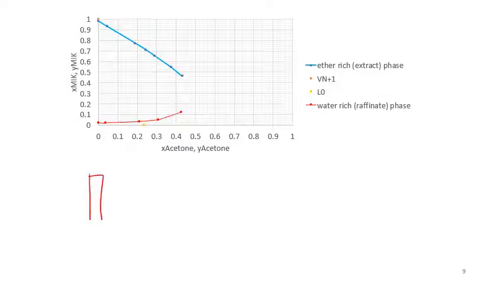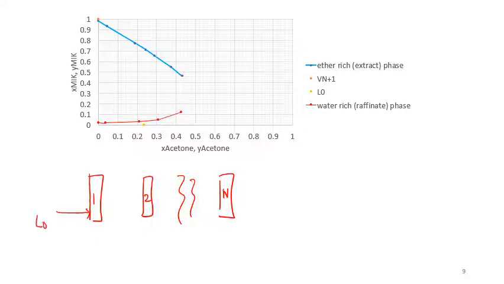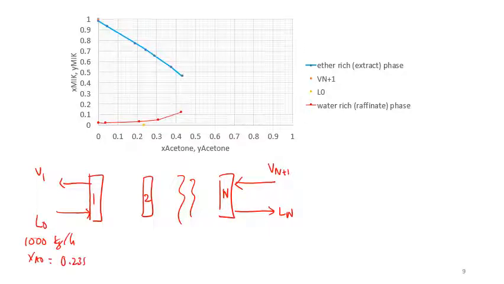Let's draw first. You have one stage, two stages. You don't actually know how many stages you have, so until n number of stages. So you have L0 here, Vn plus 1 here, Ln here, and V1 here. All you know is L0 equals 1000 kg per hour with XA0 equals 0.235 and XC0 equals 0.